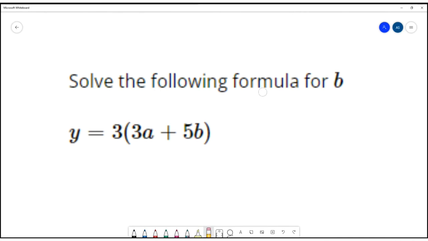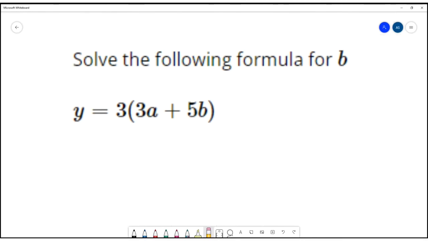Solve the following formula for b. We have y equals 3 times (3a plus 5b). So in this example, the variable that I'm trying to solve for, b, is inside the parentheses. So I'm going to get rid of the parentheses first by distributing this 3.